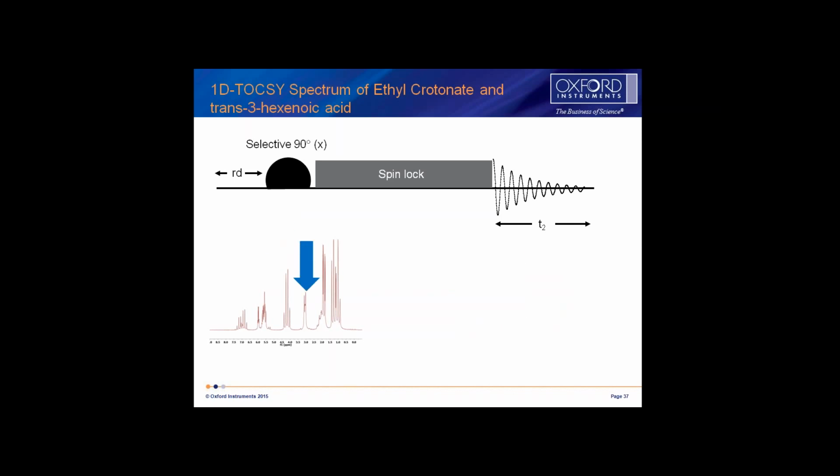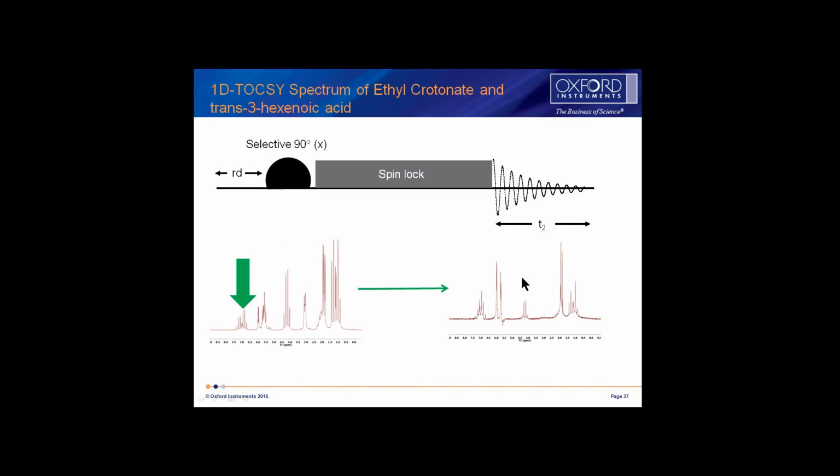We can excite one of the CH2 peaks in the hexenoic acid, and what we see from that is that actually we're getting polarization transfer to the A, B, D, and E peaks, and so we can identify which of those peaks belong to the hexenoic acid. And finally, we can also attempt to excite that large multiplet that belongs to the crotonyl group of the ethyl crotonate, and we can see that we get transfer to the D spin and the B spin.